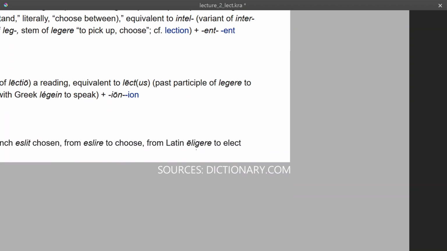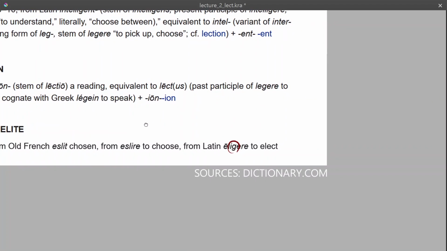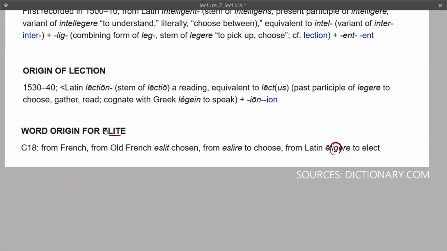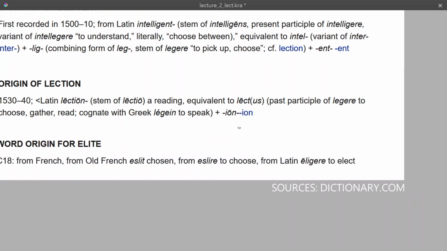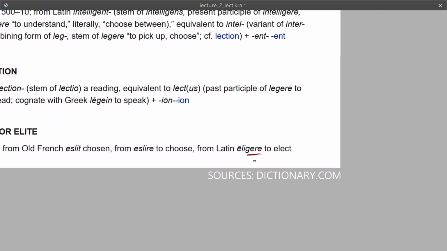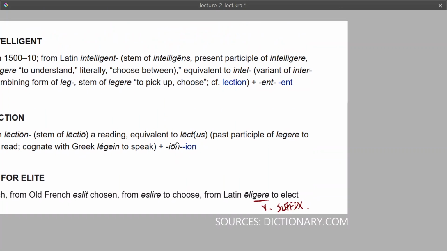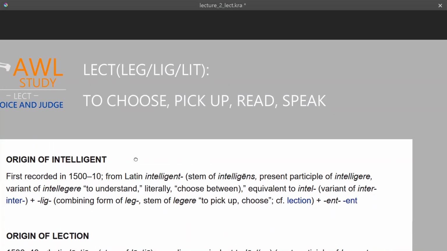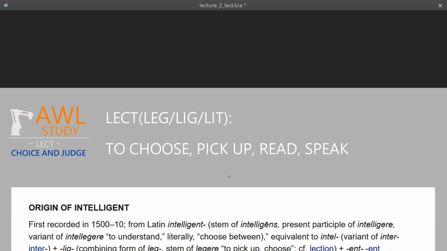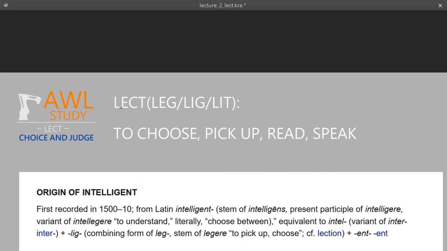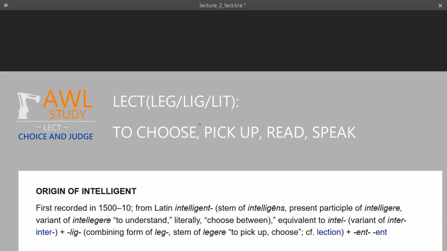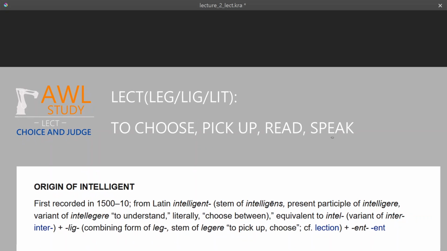The second component is the root lig, which becomes a variant of leg. And lastly, we again have the verb suffix. So we got a building block that's going to help us unlock some words that share the root lect and its variants, meaning to choose, to pick up, to read, or speak.